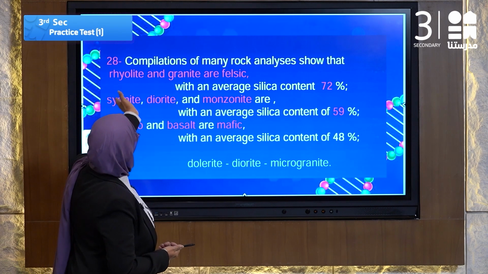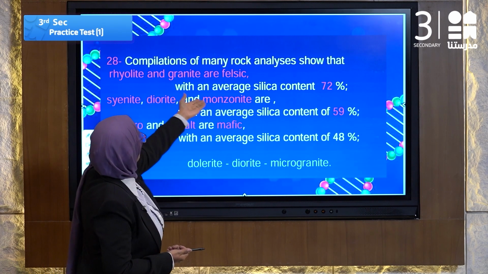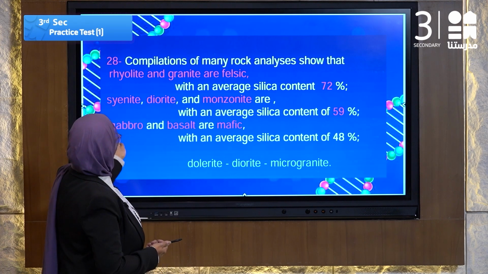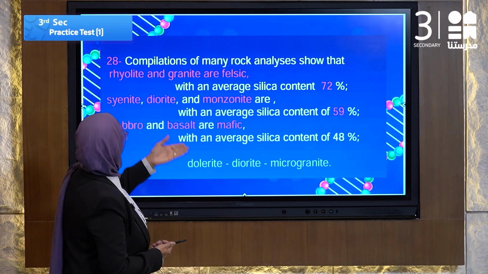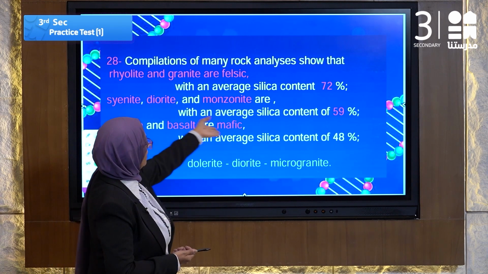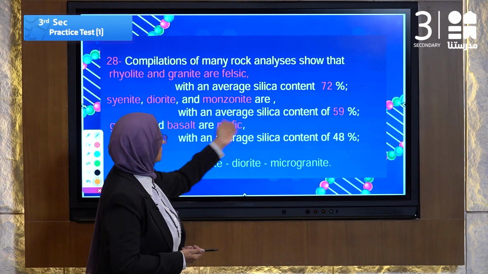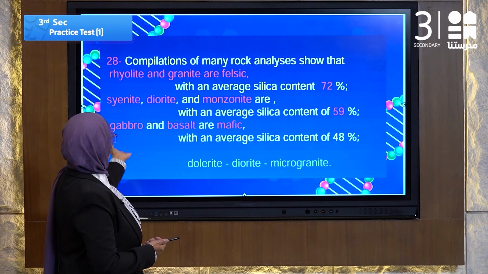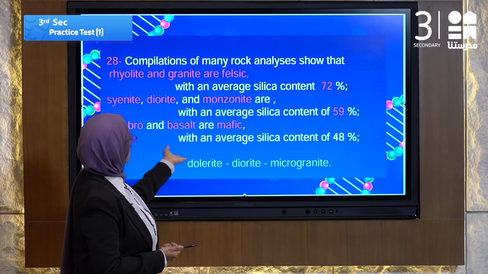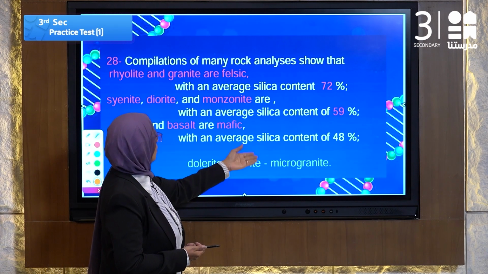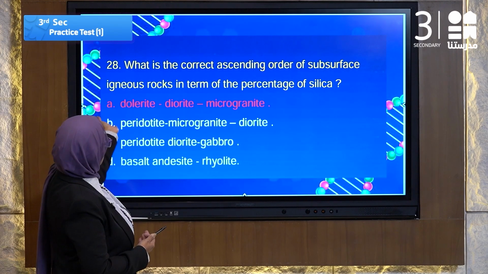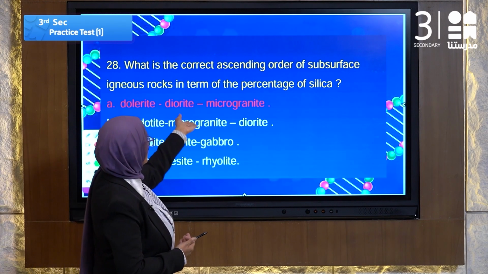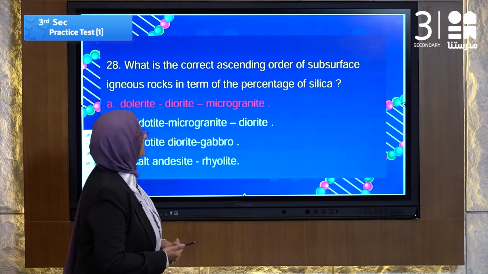Okay, granite has much silica. Number 2, the other is diorite, with 59%. Microgranite has less silica, 48. So the answer will be diorite, microgranite. That's the answer.